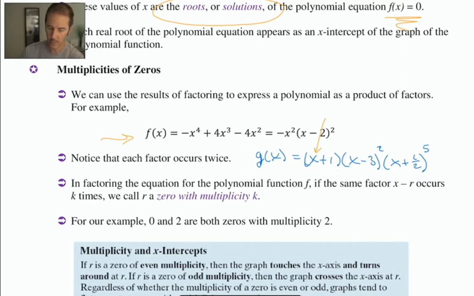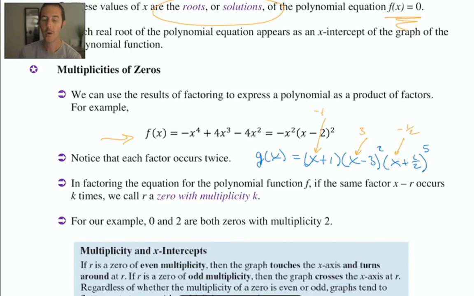Okay, so -1 is our first 0. If I plug in a +3 here, that will cause everything to equal 0. And if I plug in an x value of -1/2, that will also cause the whole function to equal 0. So those are our 3 zeros.